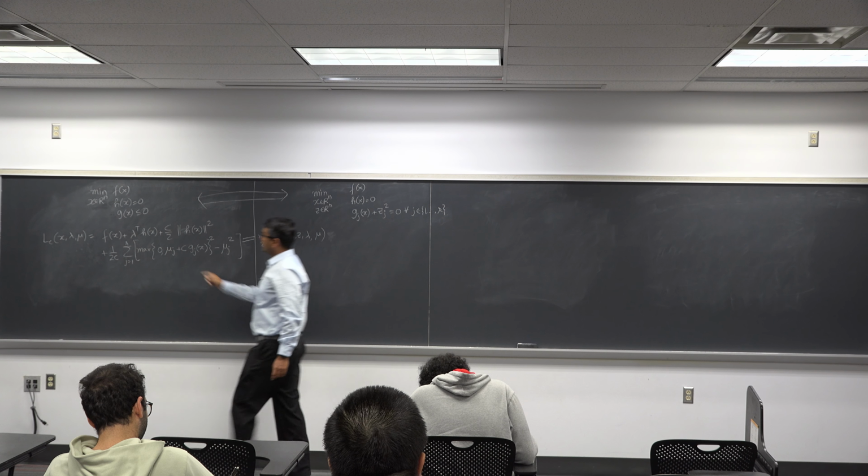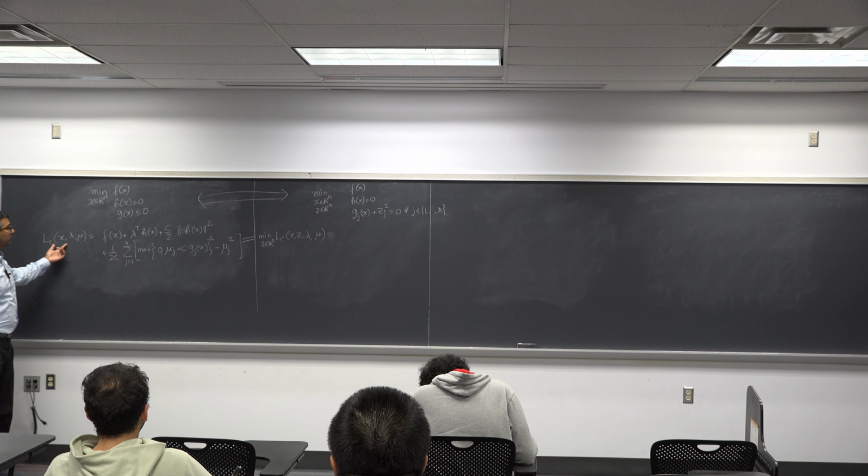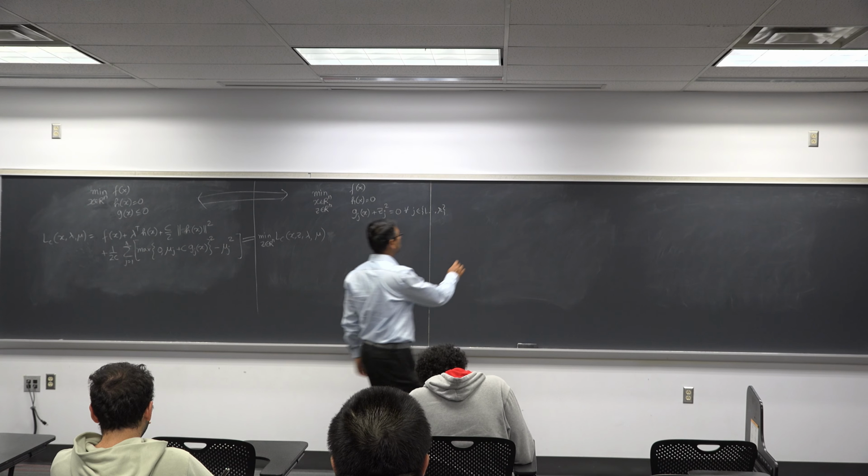Okay, so I have an inequality constraint problem. I have figured out how to define the augmented Lagrangian. Now I want to come up with a method of multipliers for this. So here is how you would write the method of multipliers.